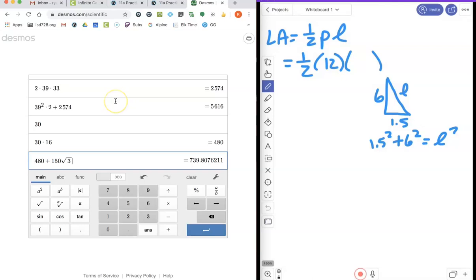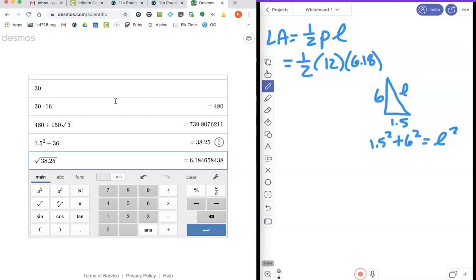So we have 1.5 squared. All right, that's 2.25. I'm going to add 36 to that. That's 6 squared. So the square root of 38.25, which is 6.18, that's going to be my lateral height, 6.18.